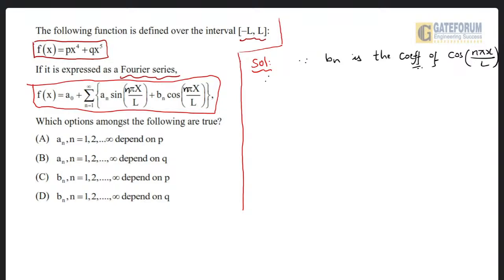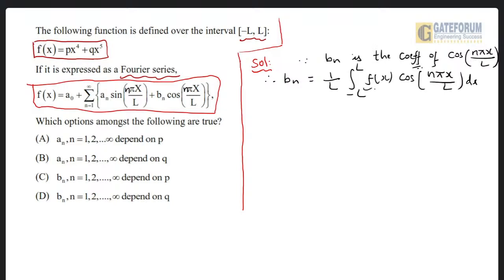Therefore, the Fourier series of a function f of x defined in the interval minus L to L, a periodic function having period 2L, is this one given. Where b n is equal to 1 by L integral from minus L to L of f of x cos n pi x by L dx.